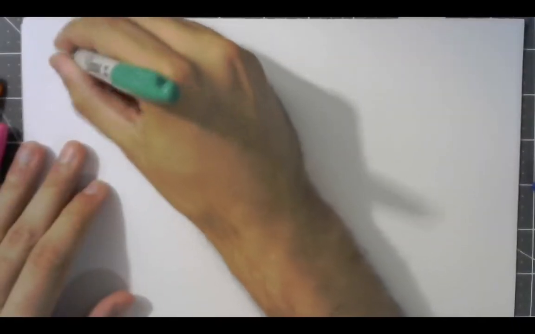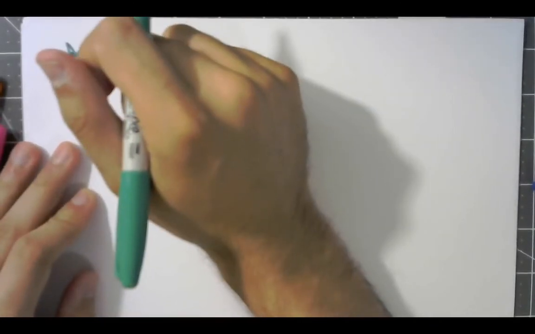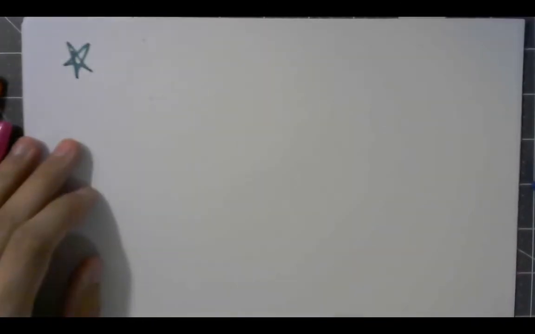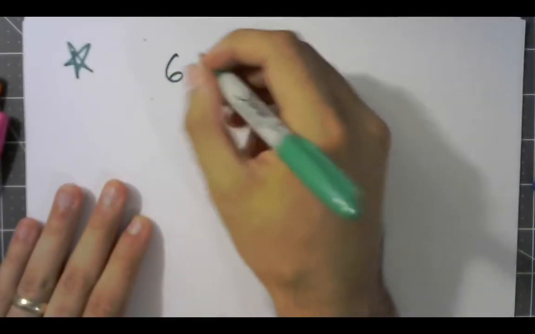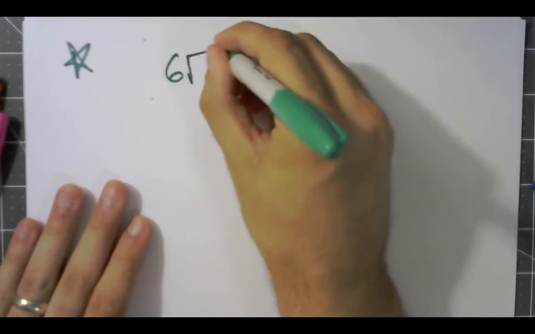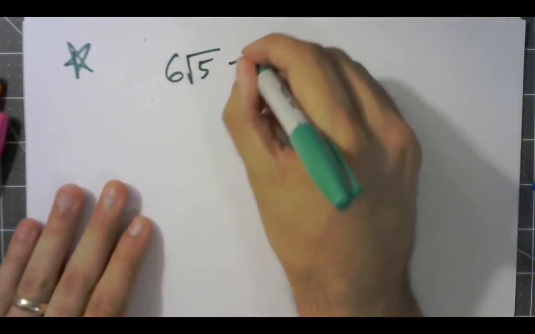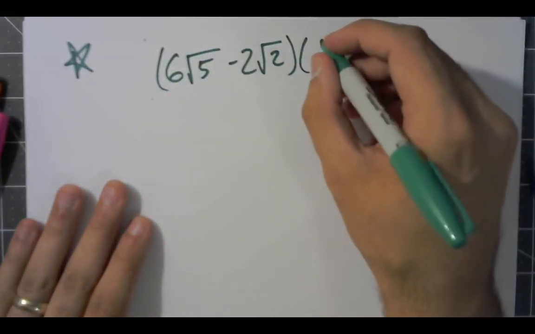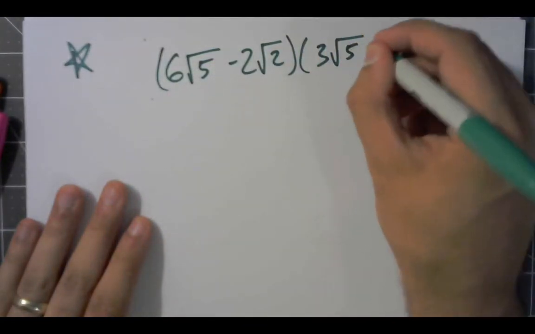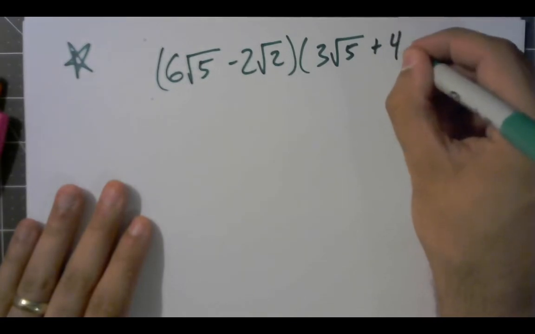This is another good problem. Square root of 5 minus 2 square root 2, times 3 square root 5 plus 4 square root 2.